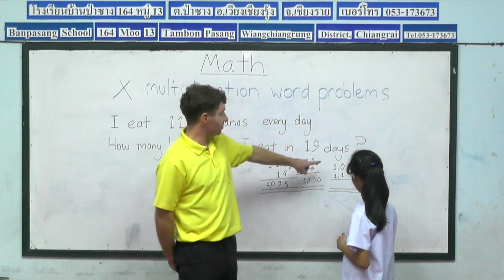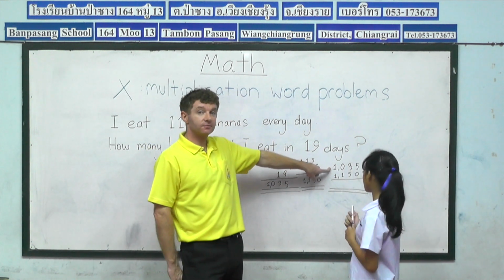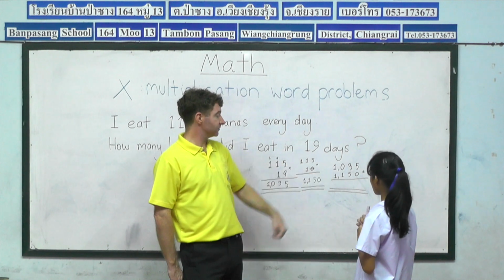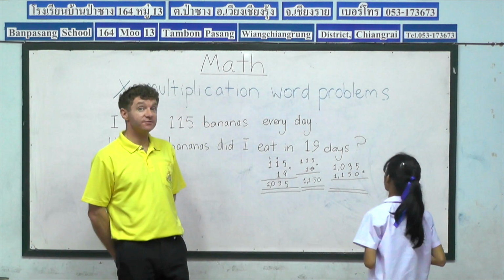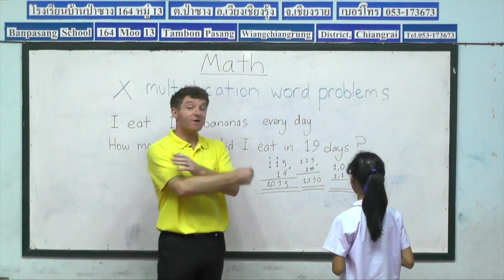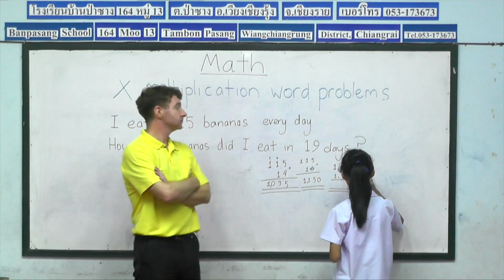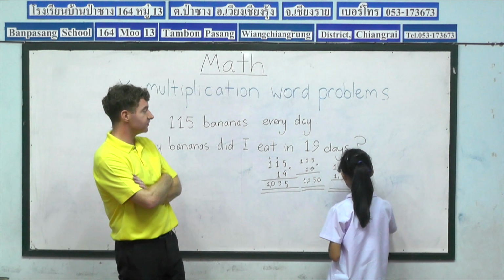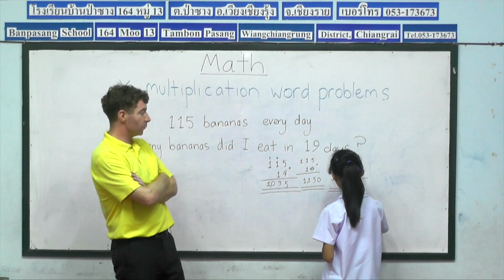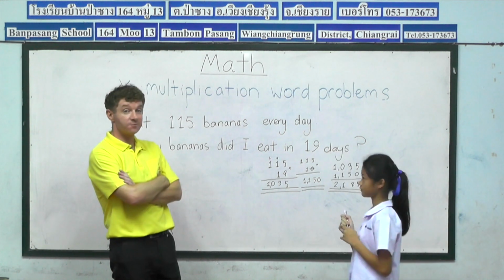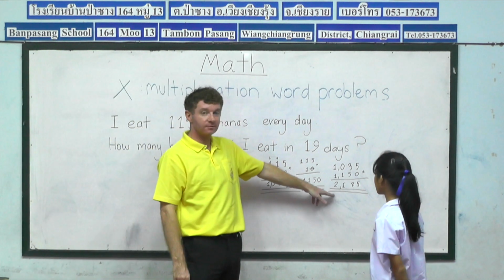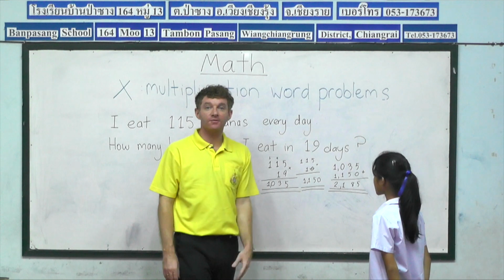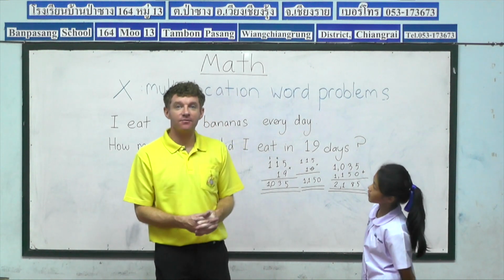So we've got 1,035 plus 1,150. So 5 plus 0, 3 plus 5, 0 plus 1, and 1 plus 1, 2. So now we have our answer. 2,185.